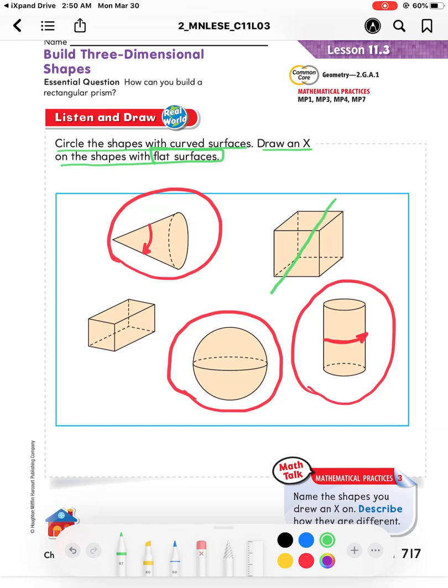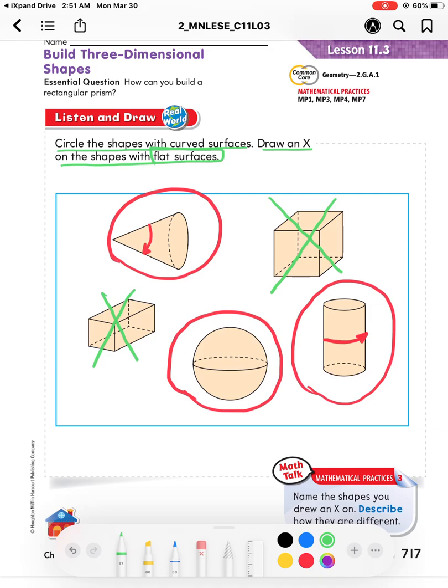Cube, rectangular prism. What about the sphere? Does the sphere have any flat surfaces? No. Excellent. What about the cone? Think with me. What about the cone?